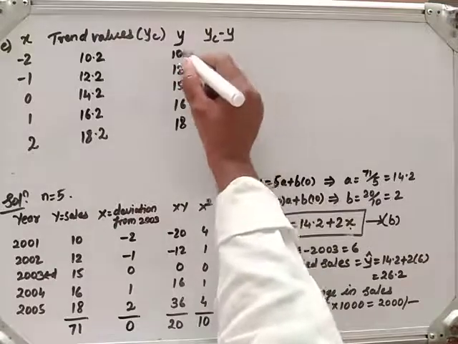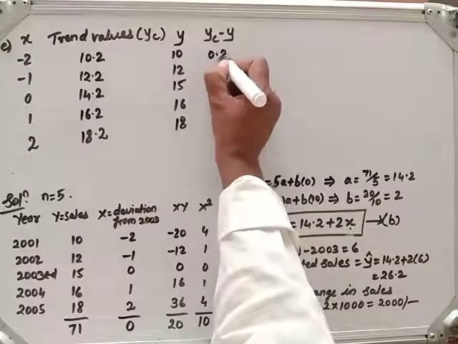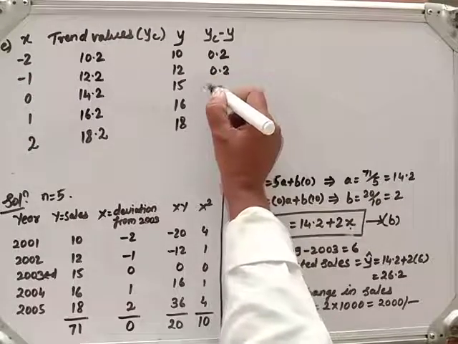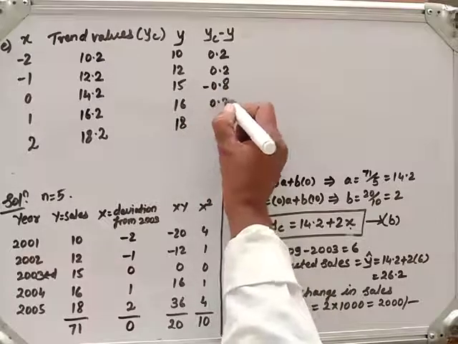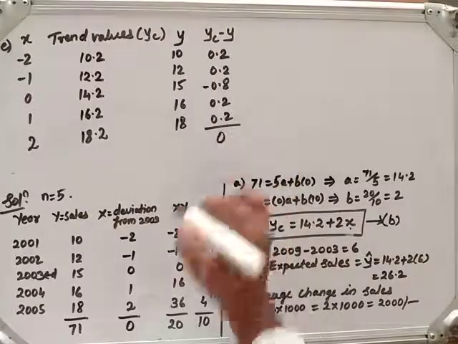Now take this difference, Yc minus Y. This is 0.2. This is again 0.2. This is minus 0.8. This is 0.2, and this is also 0.2. What does this total? This total is 0.